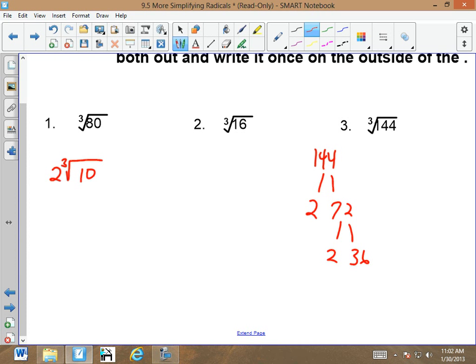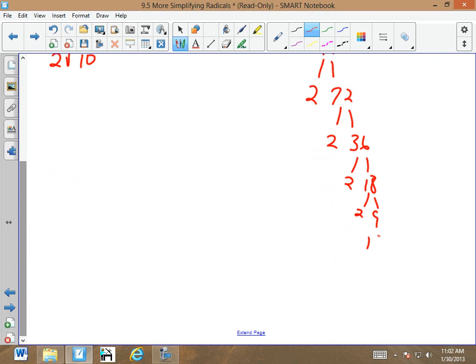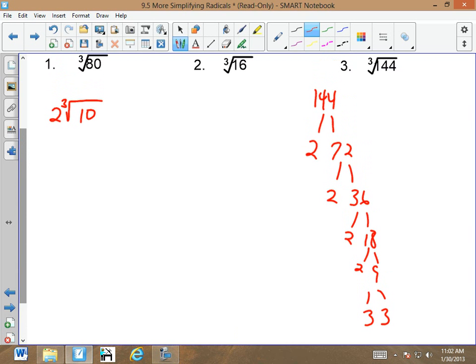Divided by 2 is 18. Divided by 2 is 9. And then I get 3 and 3. So now I have 3 2s. They move out.